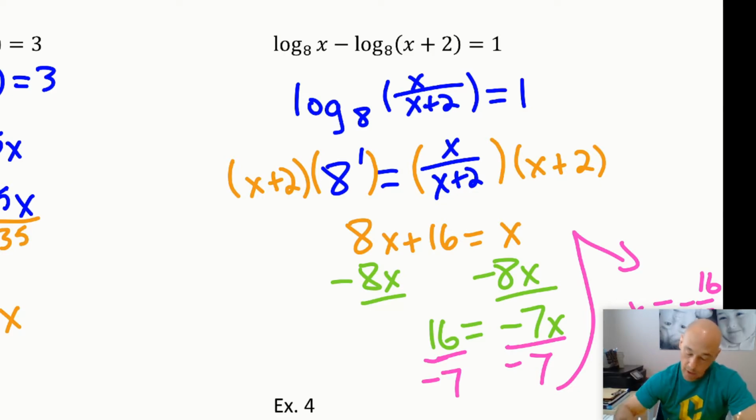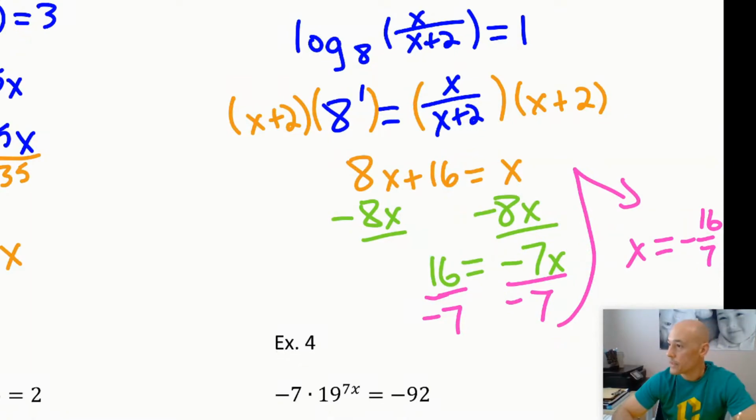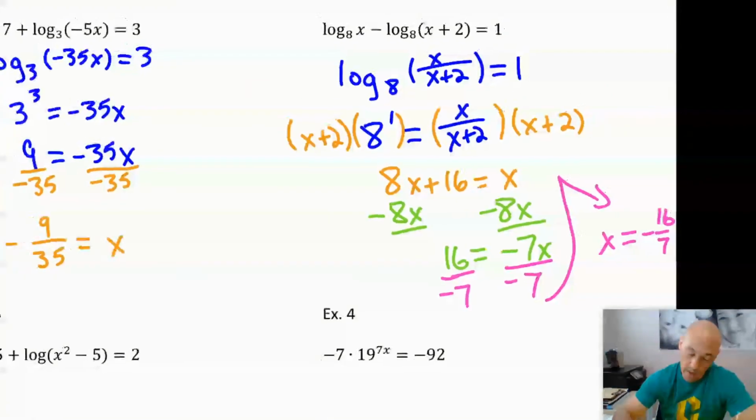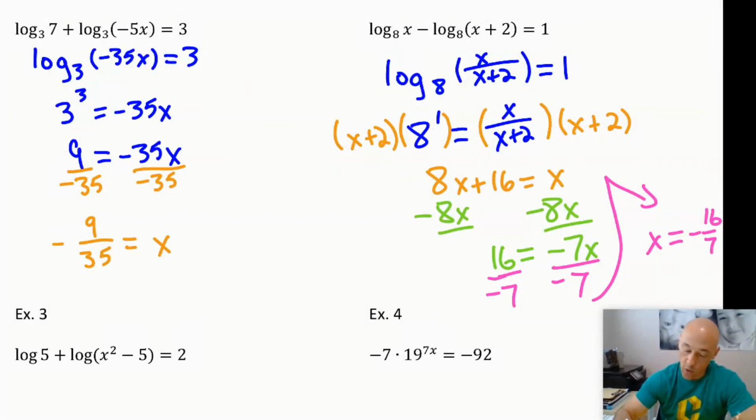Now, it's important to, again, check. Whoops, sorry about that. Negative 16 over 7. So it's important to check that that works. When I plug a negative value in here, the argument of this logarithm is negative, and that doesn't work. In fact, this is smaller than negative 2.